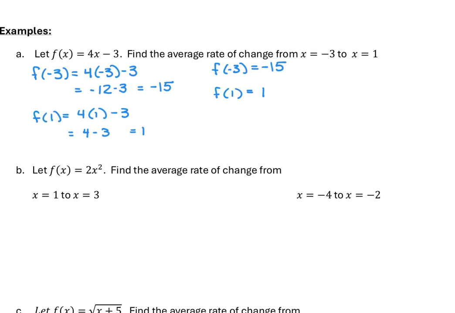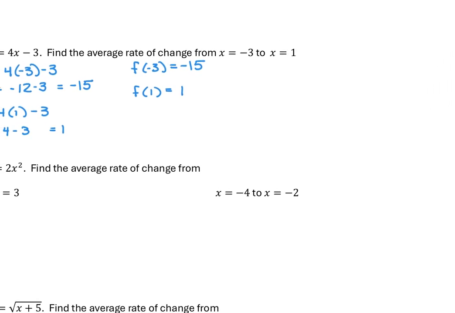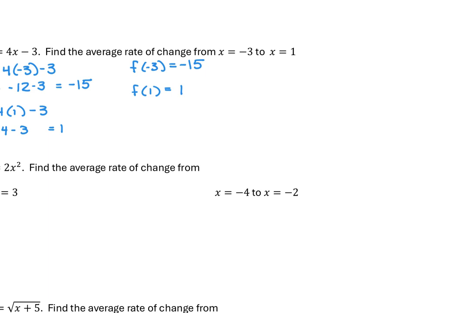You can approach this problem from two different perspectives. You can use your average rate of change formula. If we do that, we have f of negative 3 minus f of 1 over negative 3 minus 1. Remember that when we talk about slope, it doesn't matter what order we put this in, as long as we are consistent with the top and the bottom.